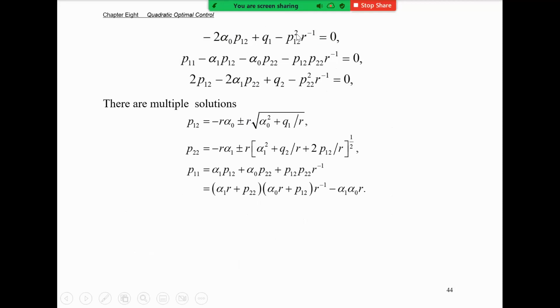You can solve for that. A quadratic has two solutions. Then from P12, you can get the solution for P22. P22 is here. And then there's P11.